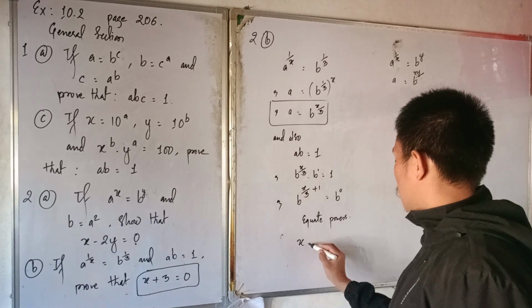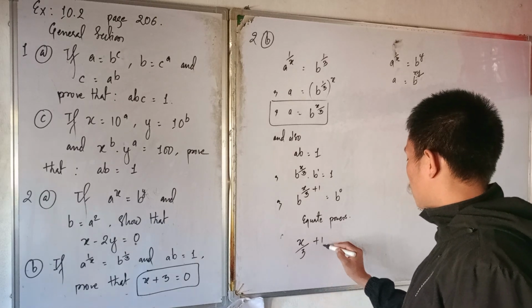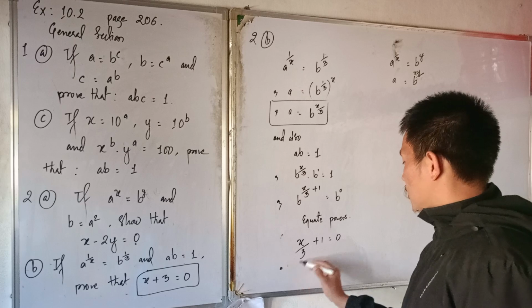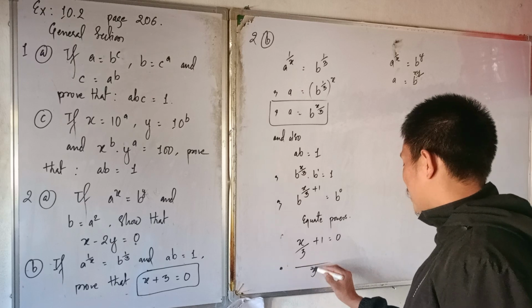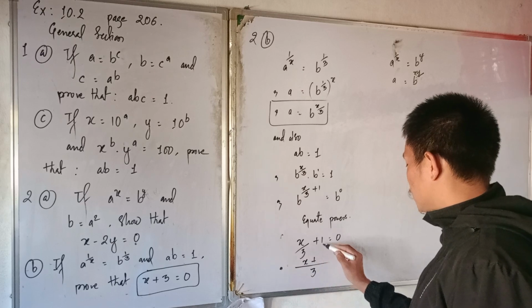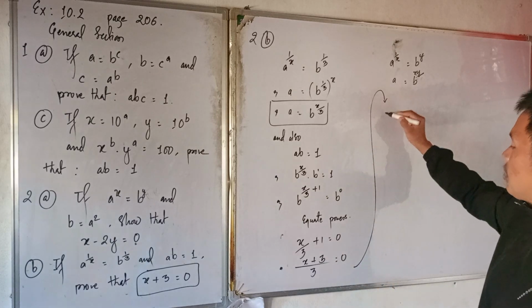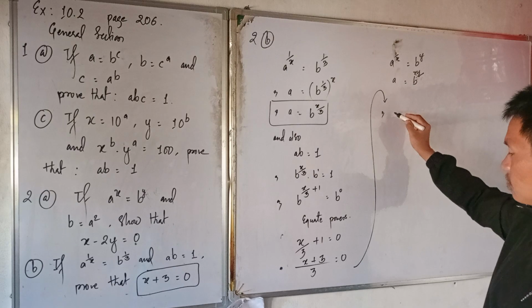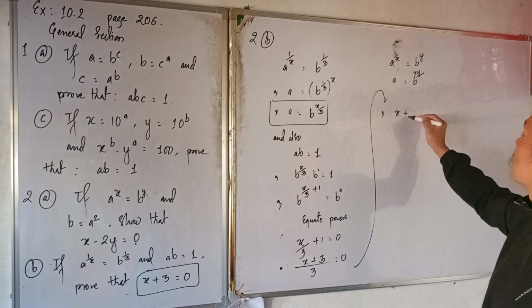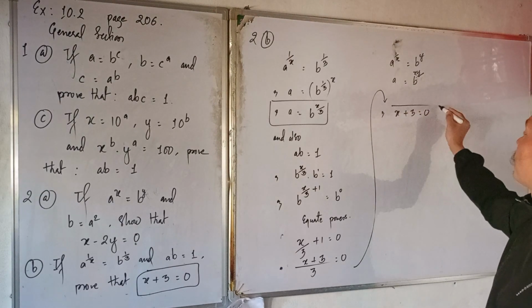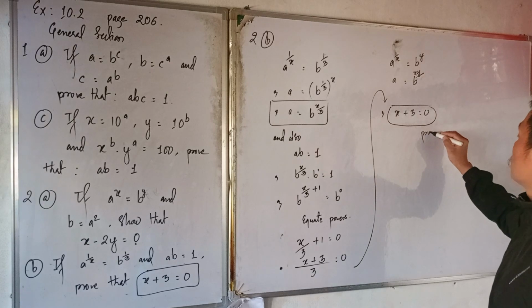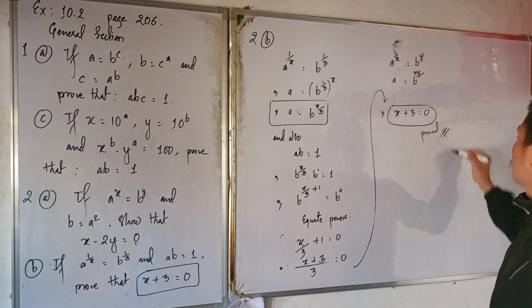So x by 3 plus 1 is equal to 0. Now take the LCM 3: x plus 3 times 1, which is 3. Now 3 times 0 is 0, so x plus 3 is equal to 0, which we had to prove. This is proved.